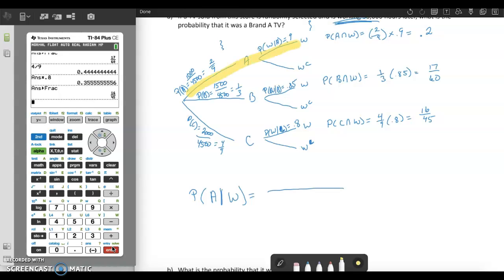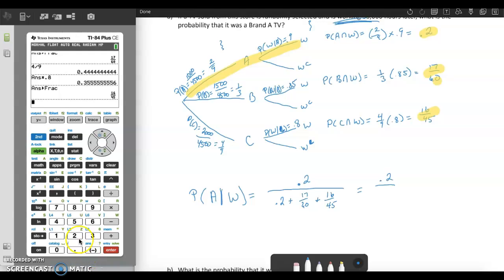That intersection on the top, 0.2, divided by all of the branches that ended in W added up. So on the bottom, we're going to take 0.2 plus 17 out of 60 plus 16 out of 45.